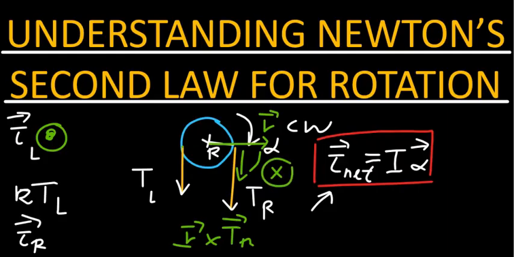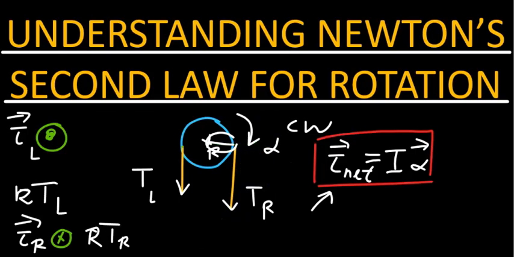So there we have it. The second torque due to the right-hand side tension is going into the board with a magnitude of r, that is the magnitude of that vector r, in this case the same as the radius of that pulley, times the tension on the right. So these two contributions have opposite signs.